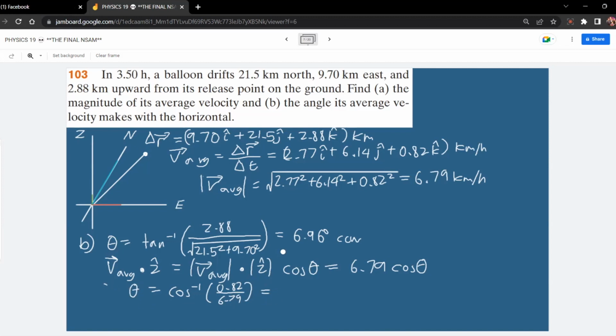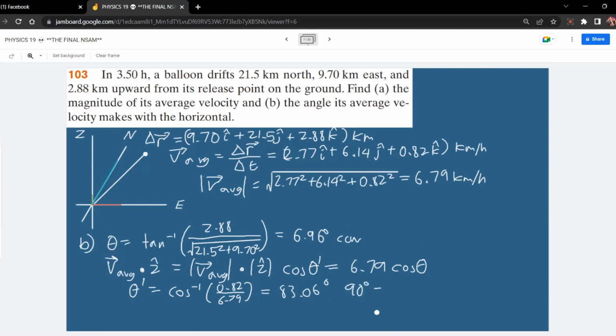So cosine inverse of 0.82 divided by 6.79, and then 90 minus that. Wait a minute. Okay.